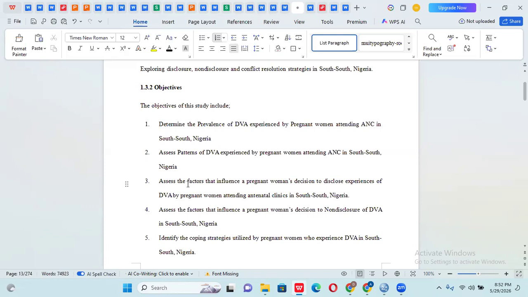Factors that influence. So we have factors available that are influencing what? Influencing decisions. So in this kind of objective, you use the socioeconomic characteristics as the factors. You use them to analyze the decisions. So how does the age of the pregnant woman affect their decision? How does the religion affect their decision?